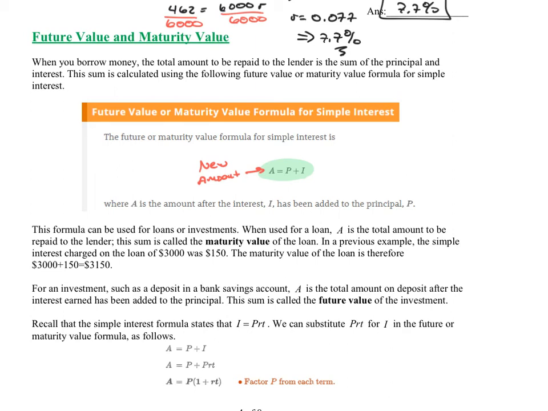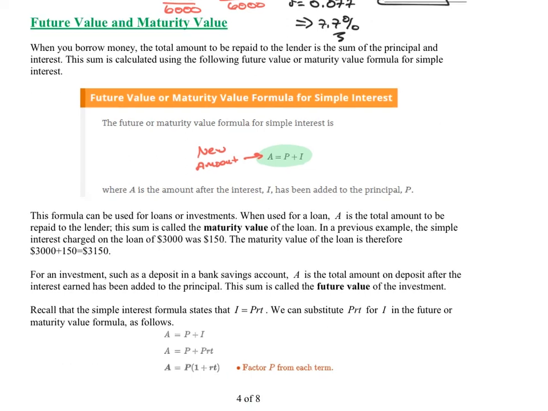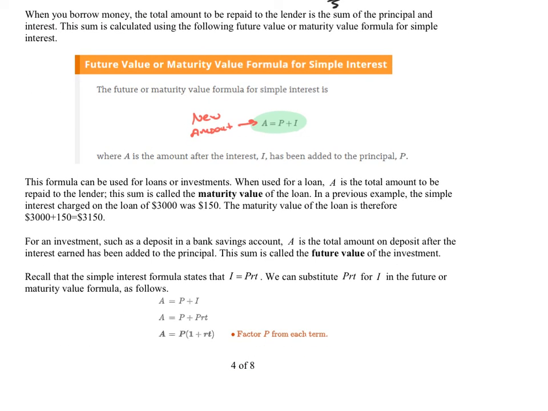For an investment, such as a deposit in a bank savings account, A is the total amount of deposit after the interest has been earned and has been added to the principal. This sum is called the future value. Again, when you see maturity value, that just means it's a loan. When you see future value, that just means it's an investment.